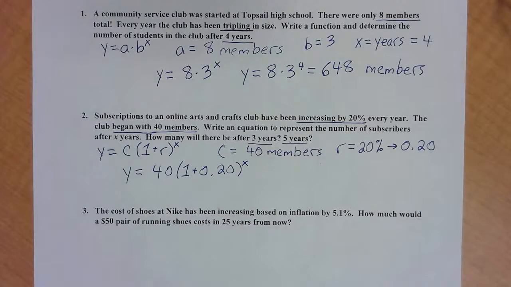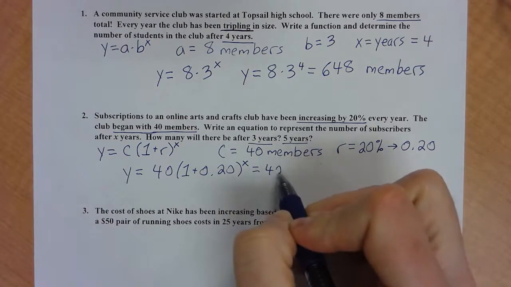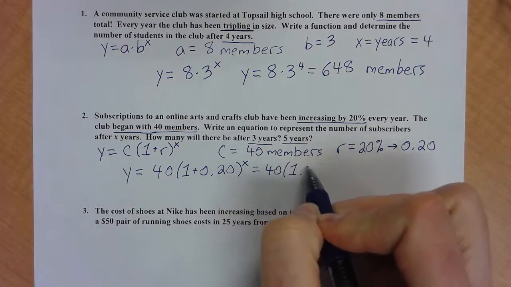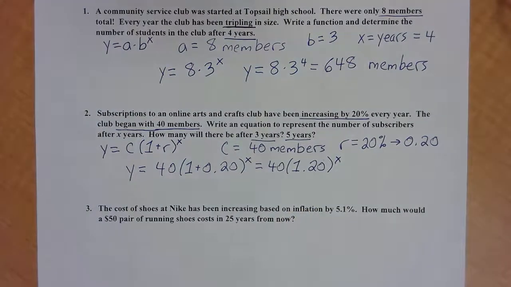We've made our equation, which I'm sure you would know this, but we can also write that as 40 times 1.20 to the X as well. Those are equal. And now to find our two answers.